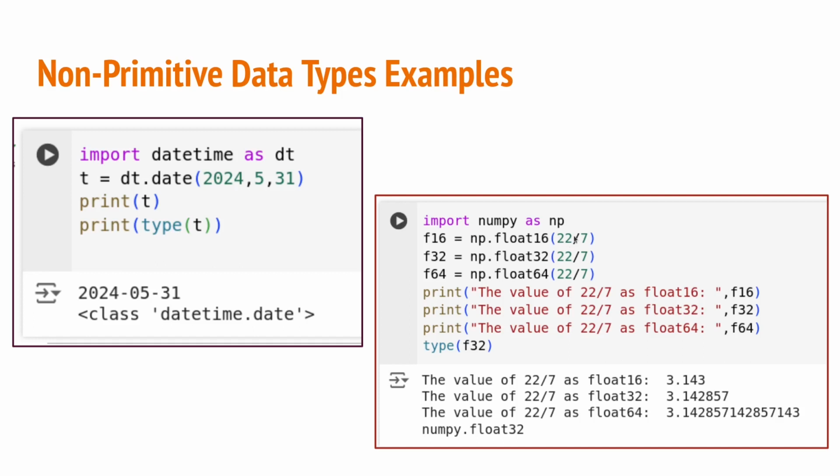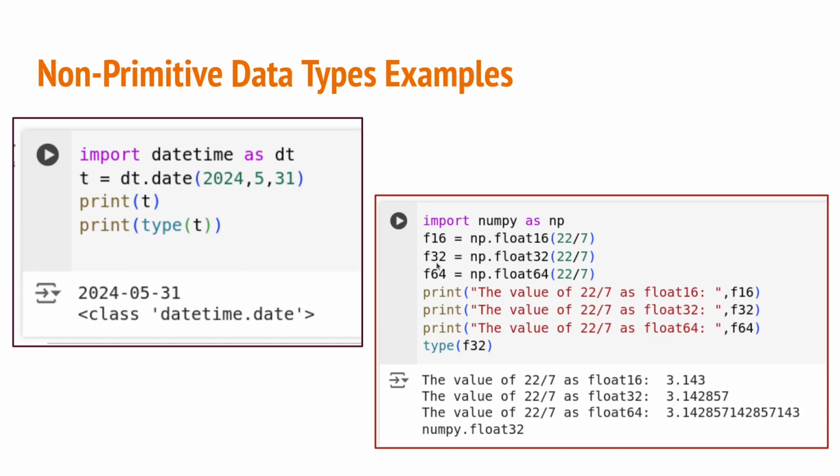So if I were to take 22 by 7, which is the value of pi, the area of a unit circle, for example, and write it as float16, I get 3.143. So I'm accurate to 3 decimal places, or I have a precision of 3 decimal places.